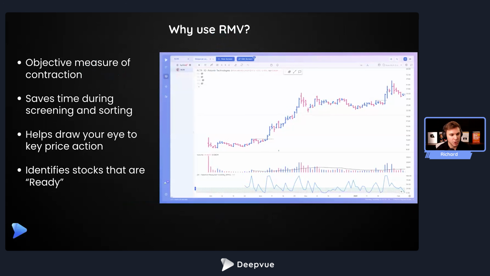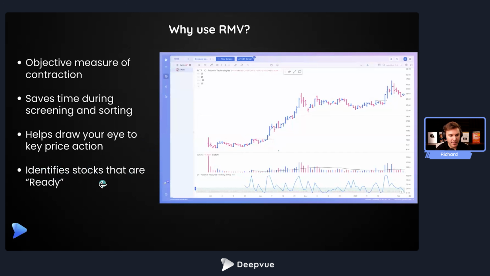It saves time during screening and sorting, as we'll get through and show examples, and it helps draw your eye to key price action. So if you're a more experienced trader, you can probably spot these tight areas, but it can be a confirmation of that. Again, it can save you time during screening. It just helps you overall if you do trade that style already.